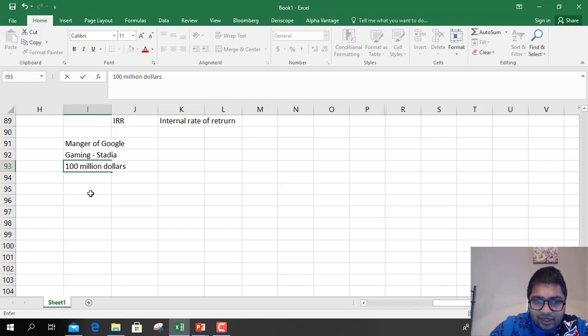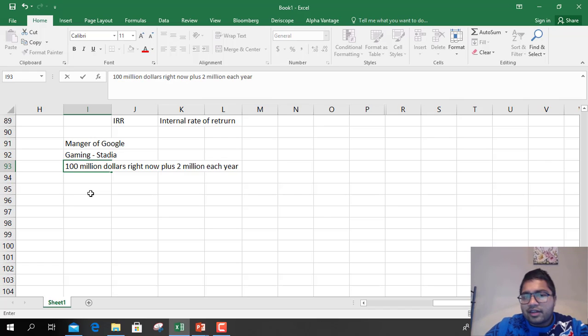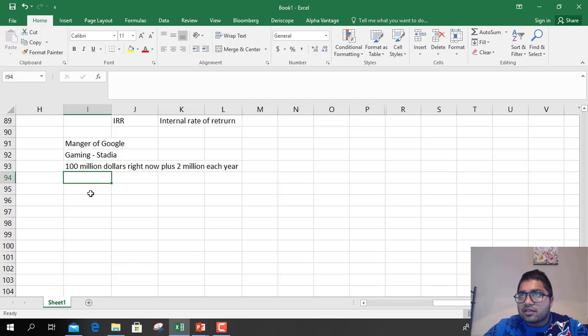$100 million right now, plus $2 million each year. But the benefits would be as follows. It's a 10-year project.